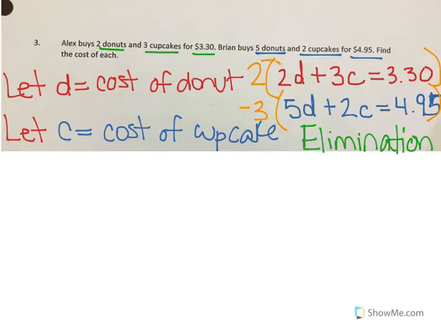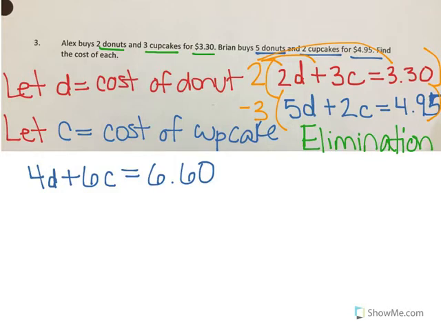When I distribute and multiply every term in the top equation by 2, I'm going to get 4D plus 6C equals 660. When I multiply the entire bottom equation by -3, I will get -15D minus 6C equals -1485.